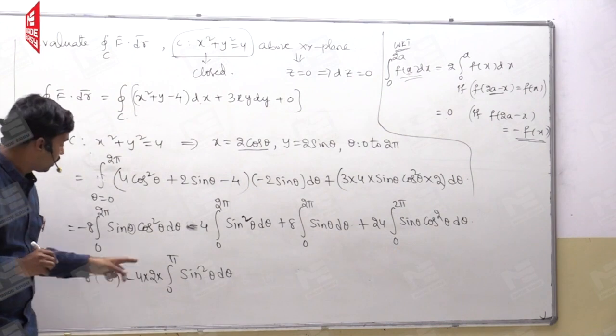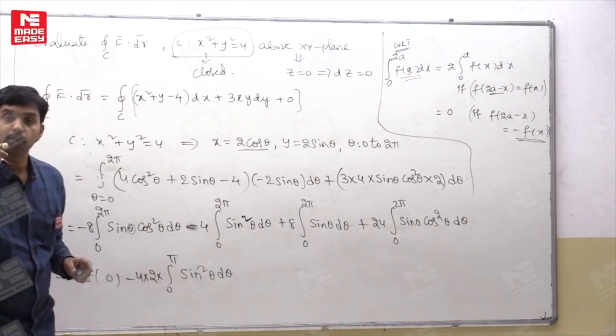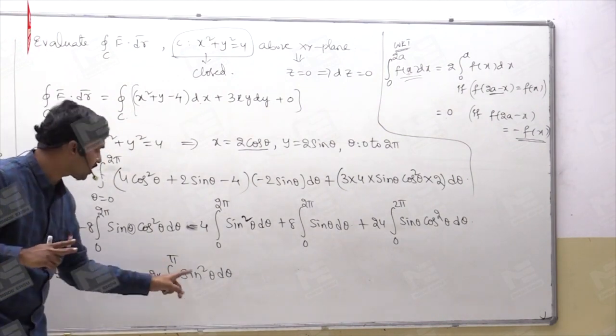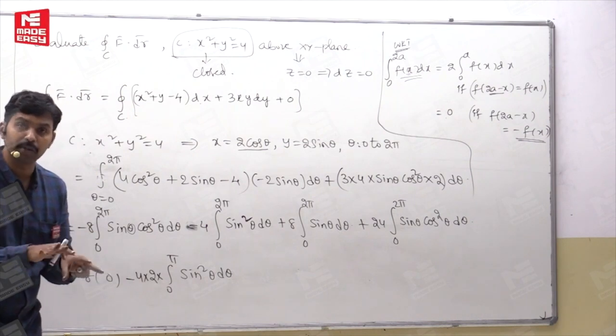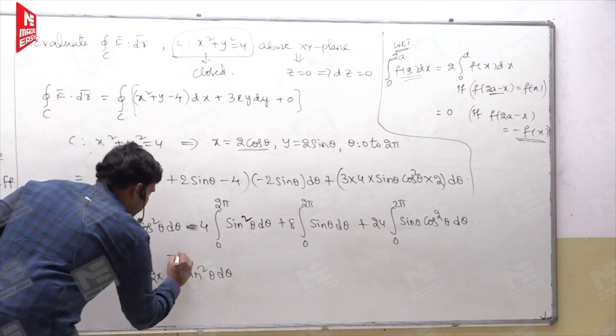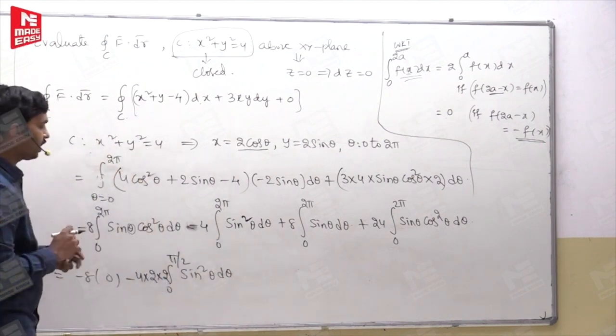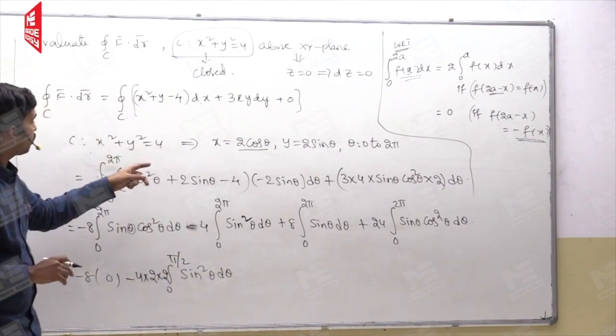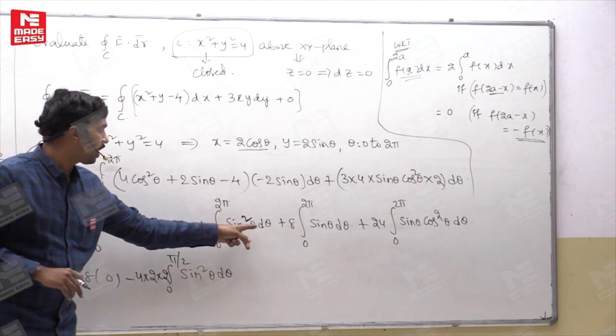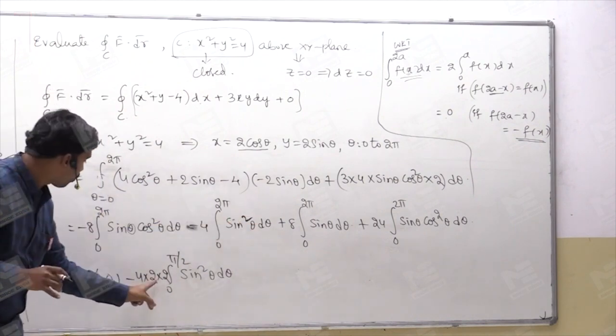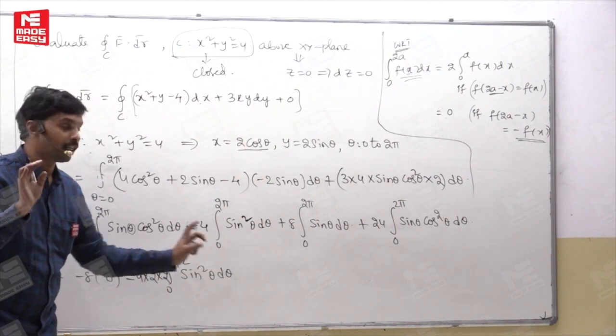Again, dear students, 0 to pi is the first two quadrants, where sine is positive, so it remains same. Therefore, I can write again 2 times of 0 to pi by 2 sine square theta. That means 0 to 2 pi sine square theta d theta can be written as 4 times of 0 to pi by 2 sine square theta.